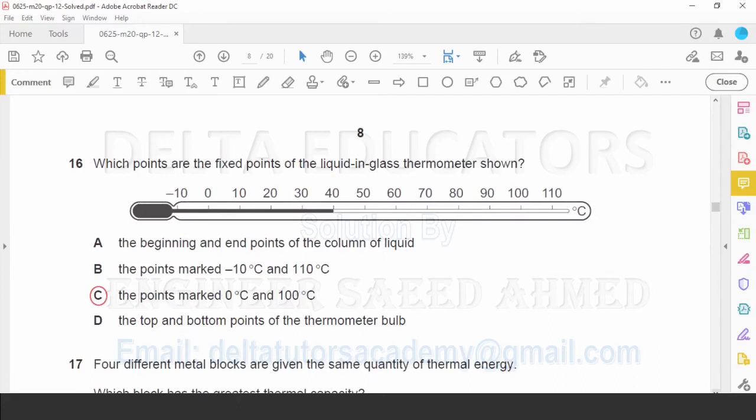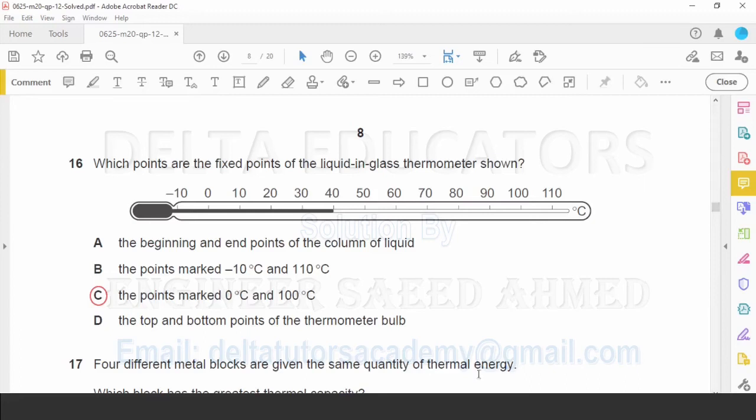Question number 16. Which points are the fixed points of the liquid in glass thermometer shown? In a liquid in glass thermometer, for the calibration, we take two fixed points. One fixed point is the freezing point of water and the second fixed point is the boiling point of water. Now the freezing point of water is considered 0 degree centigrade and the boiling point of water is considered 100 degrees centigrade.